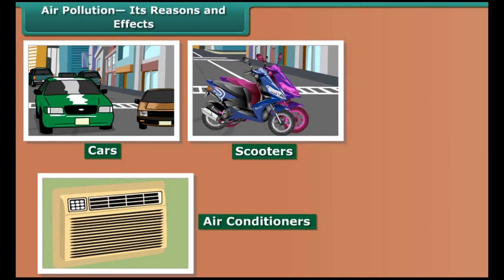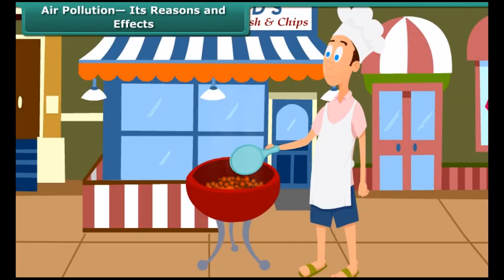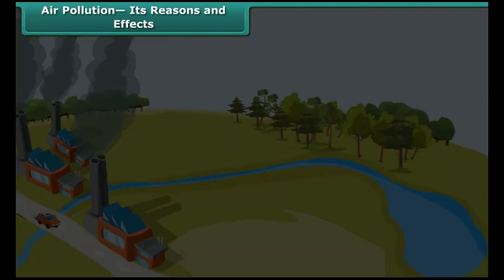Cars, scooters, air conditioners, refrigerators, and many other things release harmful gases that pollute air. The enormous amount of carbon dioxide formed during burning of coal also pollutes air. The substances that cause air pollution are called pollutants.